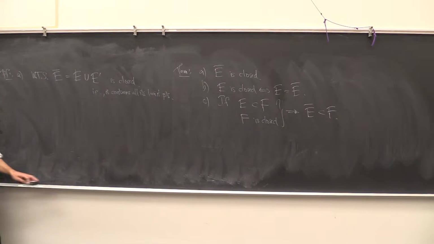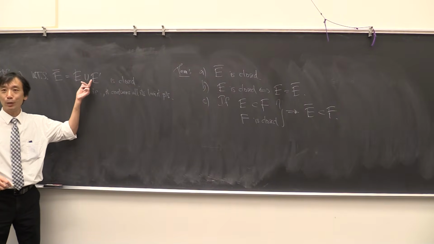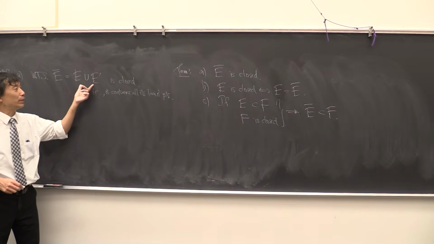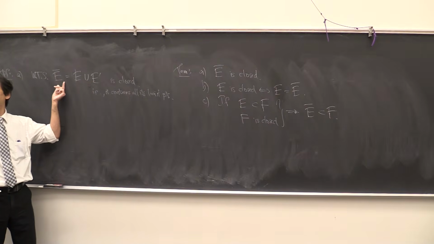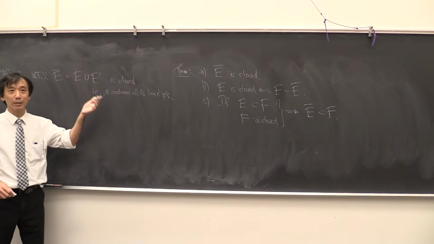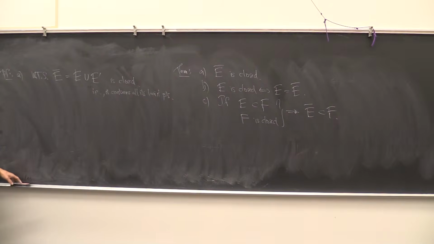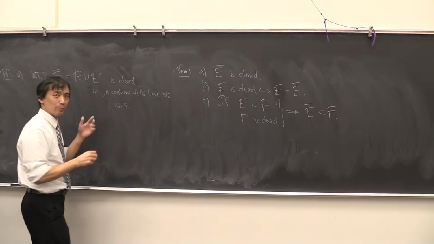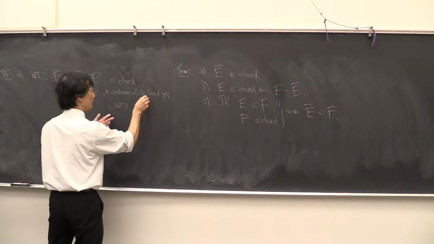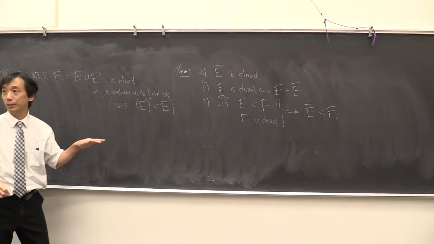Of course, it already contains all the limit points of E. We know that already. What we're trying to show is that it contains the limit points of E bar. That's a different statement, but it turns out to be kind of the same statement. So we want to show that the limit points of E bar are contained in E bar. That's what we're trying to show.